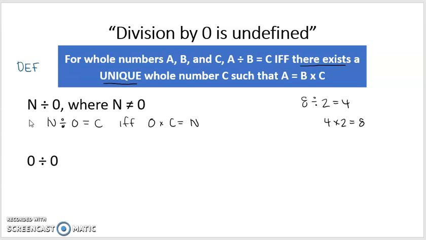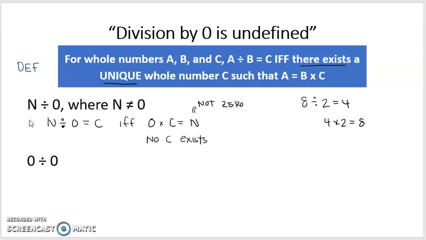Remember, n is non-zero. It's a 2 or a 4. It's something that's not 0. So can you find any number c such that 0 times c equals n? No, you can't. So no c exists.